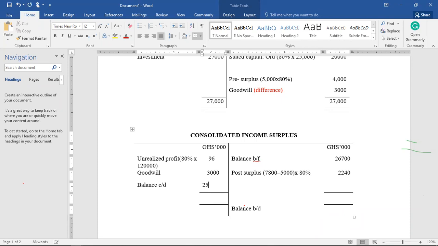Okay, somebody says 25,844. So the total is how much? $99,000. The total is 99,000.